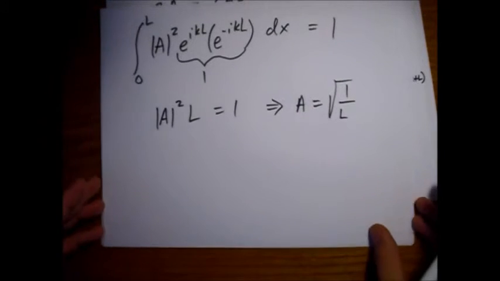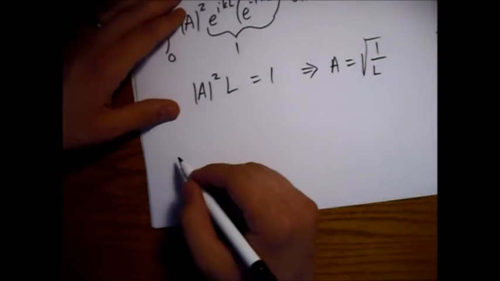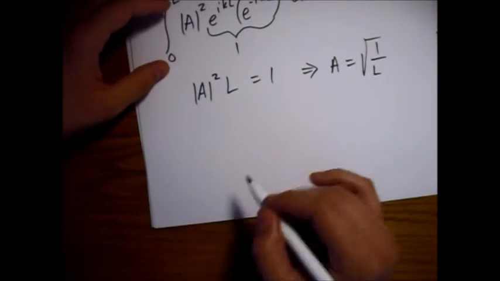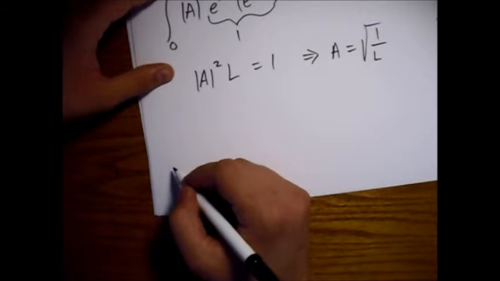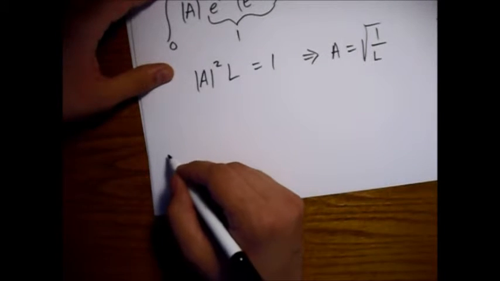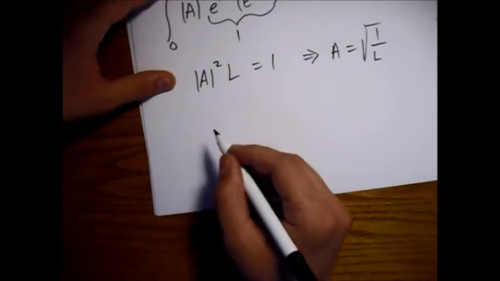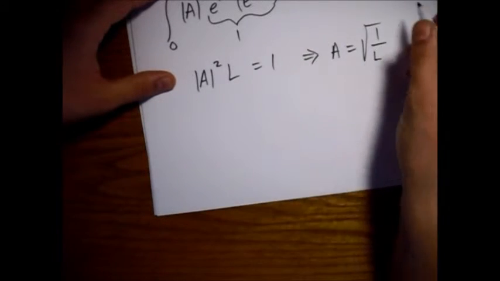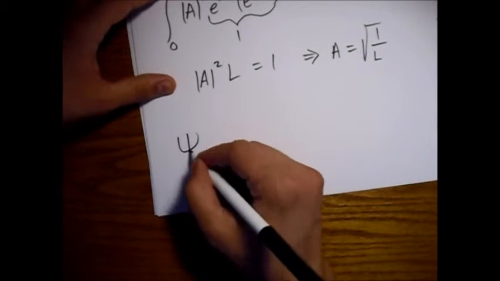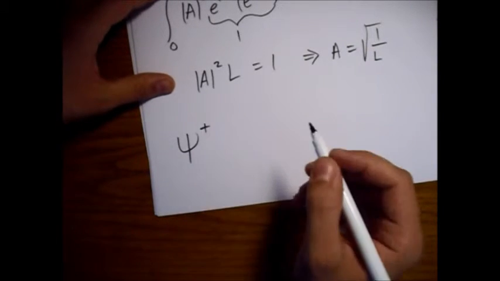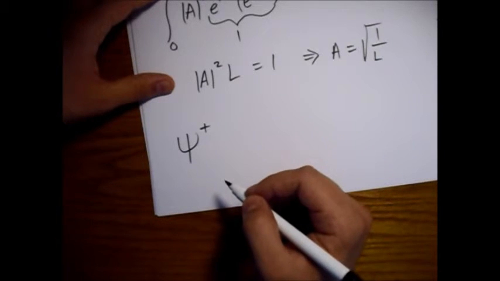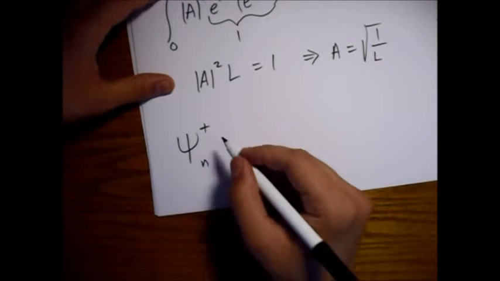Okay, so our most general solution to this problem is going to be, well, let's write out the pieces first. So he says we should call them a plus and a minus. Okay.